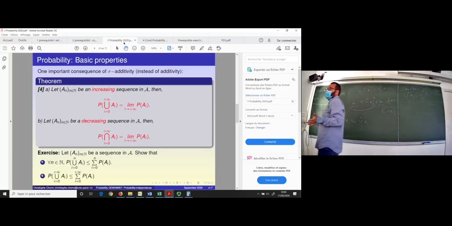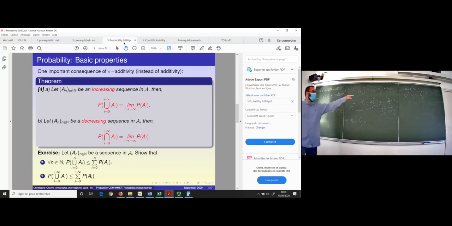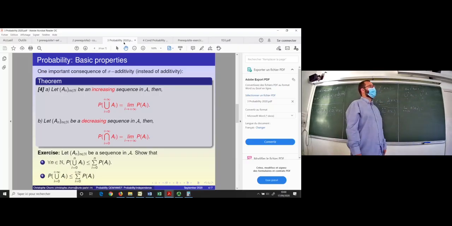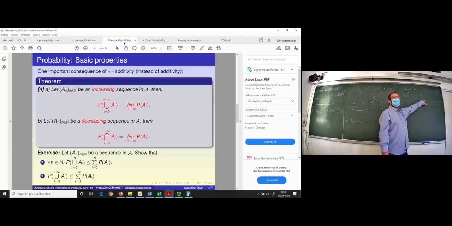And if you see this, in fact it's finished now, because I have the right to use my theorem, since I am in the statement of my theorem. I have something that is increasing, so I know that the limit when n goes to plus infinity of P of Bn is equal to, from the first statement, the probability of the union, that is the probability of this set.